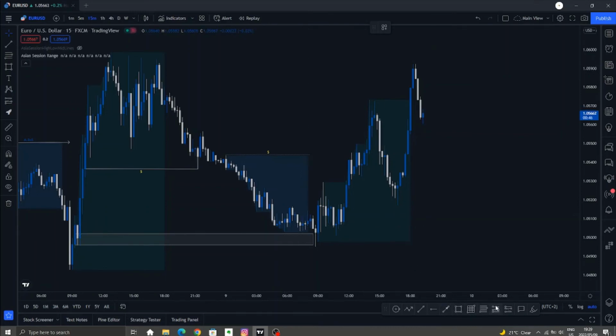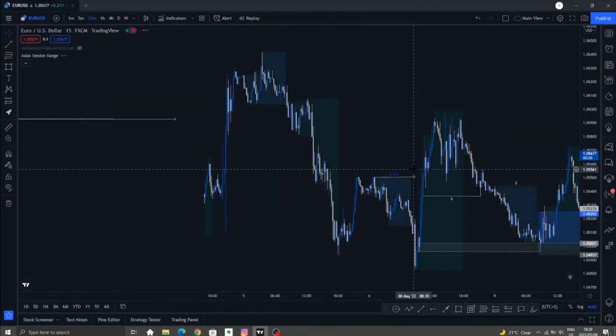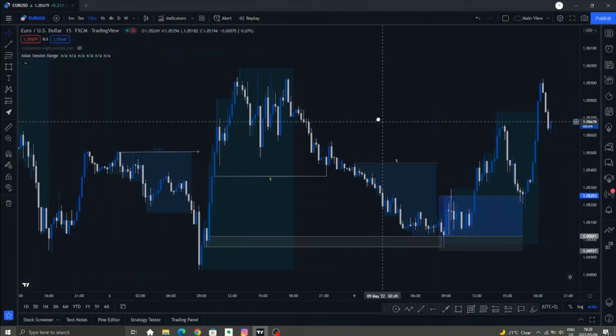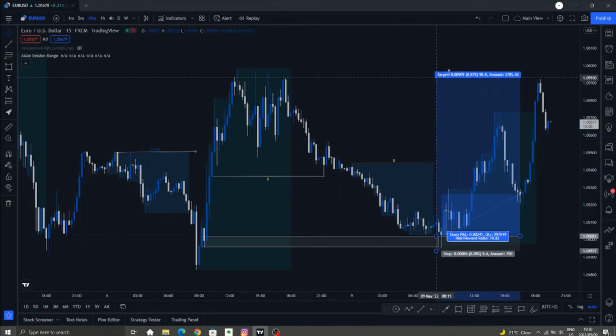What I did is I placed a buy limit order just above that zone. I did not place my stop loss below the actual zone. I decided to take into account this little wick in here. And for a target, obviously I was targeting these highs up here.